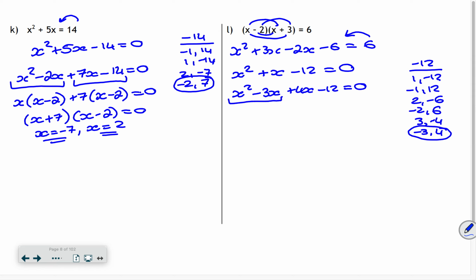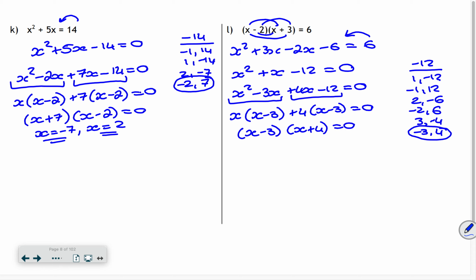Many common factorise. So that will be x bracket x minus 3 plus 4 bracket x minus 3 is equal to 0. So it means we have x minus 3, x plus 4 is equal to 0. So x has to be 3 and x has to be negative 4.